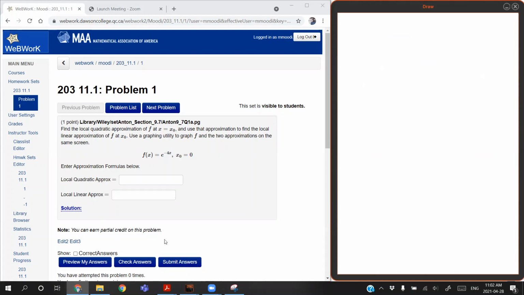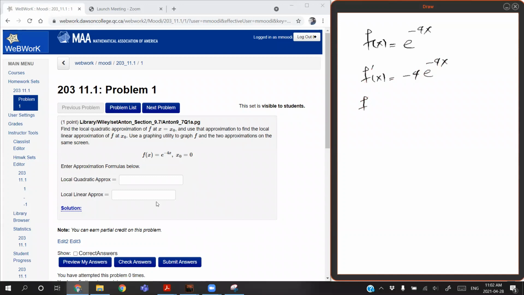Okay, guys, let me take care of this one for you. f of x is e to the power of minus 4x. I would need the first and the second derivative. I would need the first derivative for the linear approximation, and the second one for the quadratic approximation. So let's take the first derivative of this function. We get minus 4 e to the power of minus 4x.